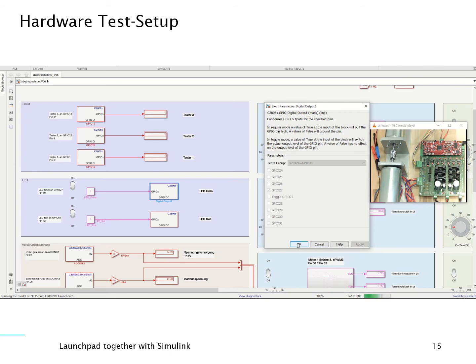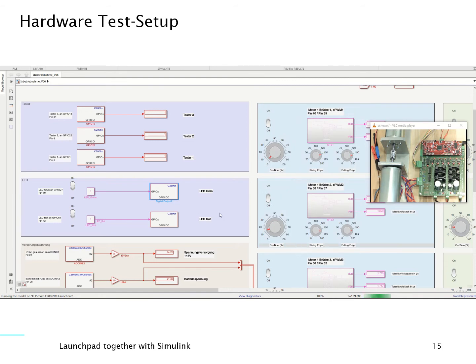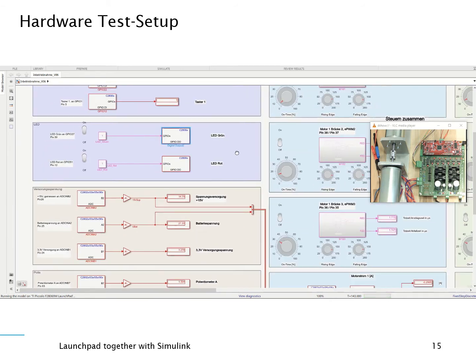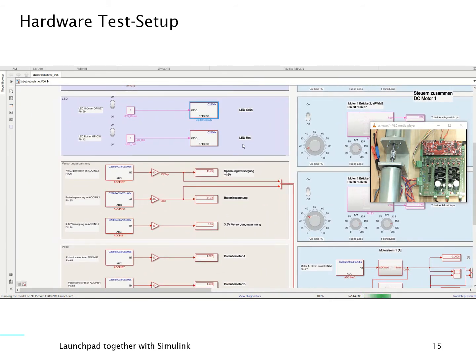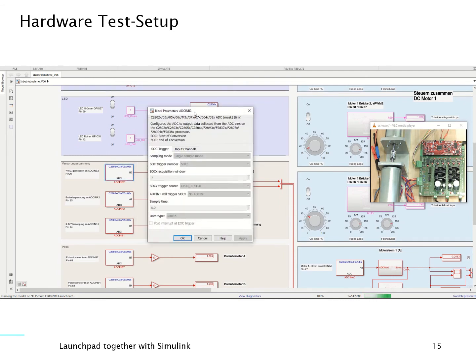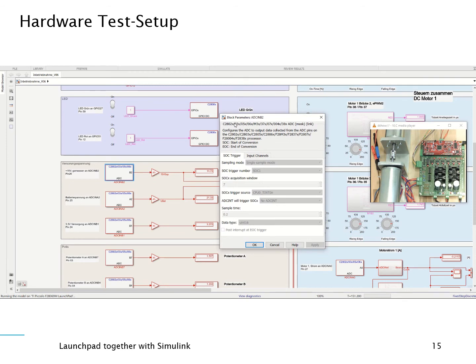Of course, these are parameters we cannot change during the program execution. This would be a recompile of the whole system. Then we can read ADC values, which you can get with these ADC blocks.